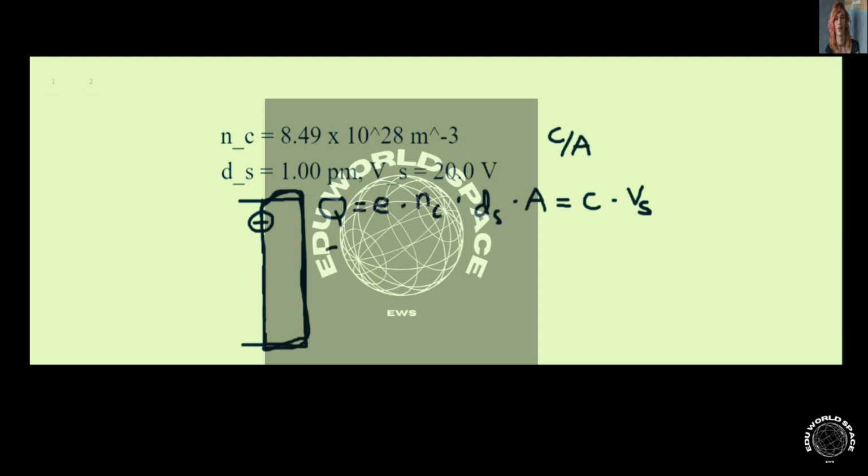and we can get the capacitance per unit area. So C divided by A is equal to, and now we just have to plug in the numbers. Electron charge in SI units is 1.602 times 10 to the minus 19. Number density is given.